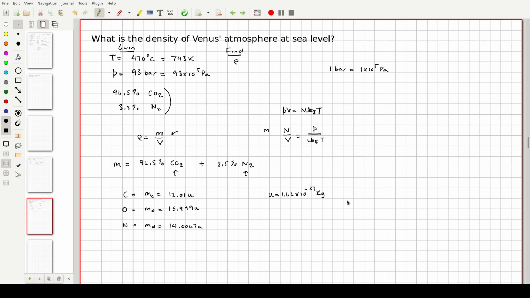So, for example, the mass of CO2 would be 1 carbon and 2 oxygens, so the mass of carbon plus the mass of 2 oxygens. Nitrogen is molecular as a gas.